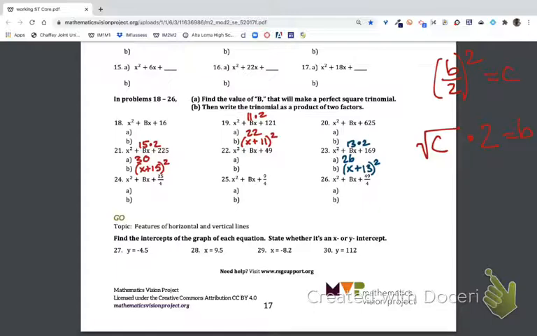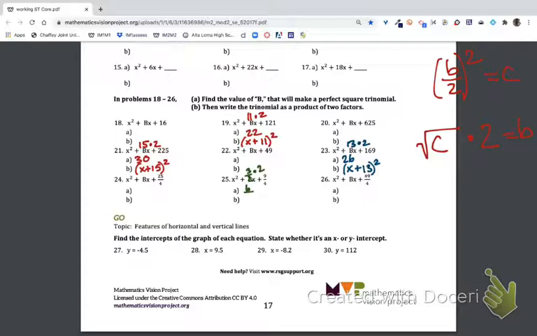Number 25, take the square root of 9 over 4. So you're going to take the square root of the top, square root of the bottom, and you'll get, you guessed it, 3 over 2. But that's not all, because you're going to multiply by 2.